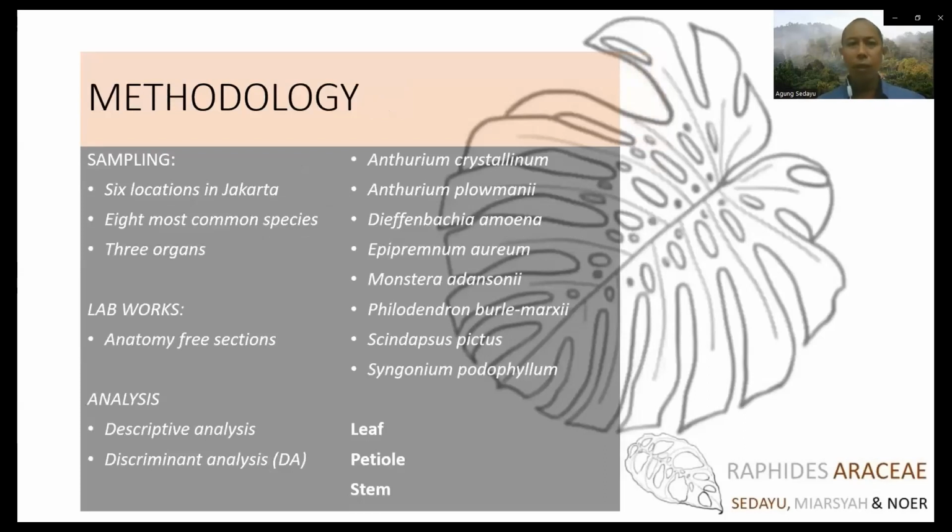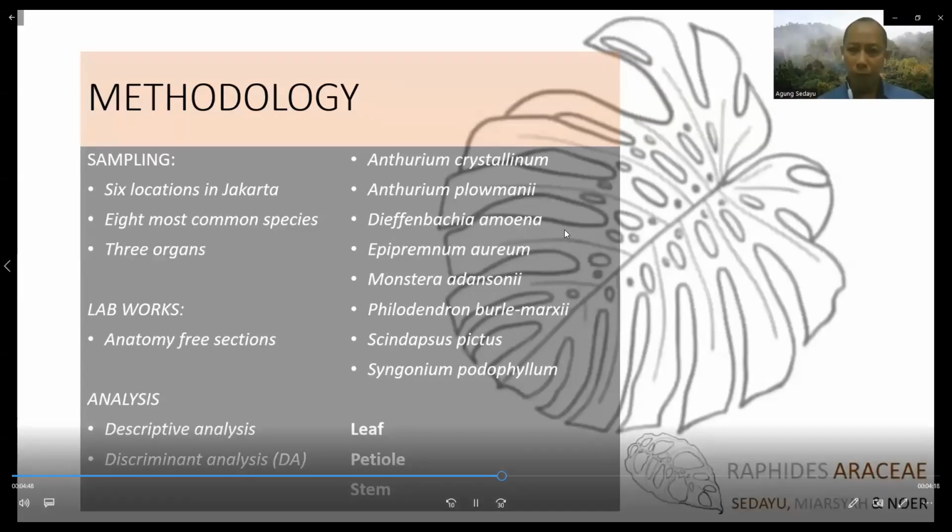So we did this in 6 locations in Jakarta, and we found in garden vendors in Jakarta 8 most common species: Anthurium crystallinum, Anthuriumpomanii, Dieffenbachia amuna, Epipremnum aureum, Monstera adansonii, Philodendron burlemarxii, Scindapsus pictus, and Syngonium podophyllum.